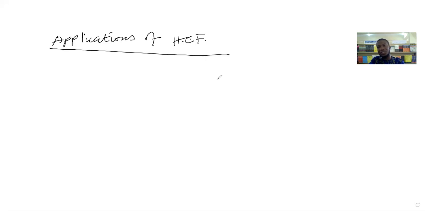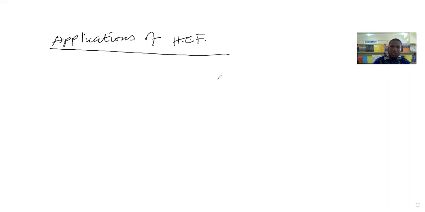You just have to find the H.C.F of the length and the width of your canvas. Whatever you get as the H.C.F is going to be the length of the side of your doormat.